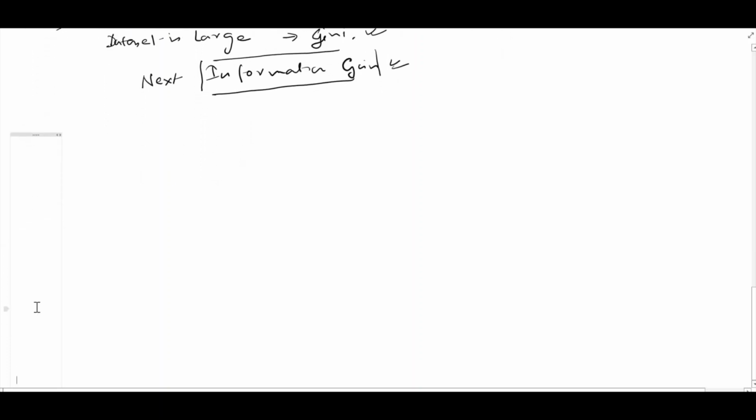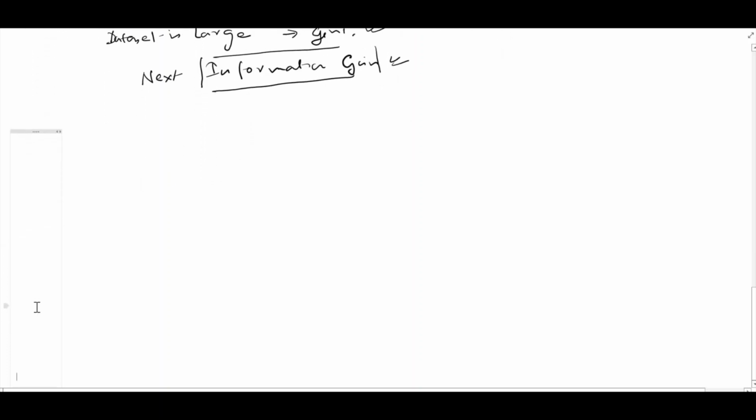Now we will talk about information gain, because this is very important to understand. When you have multiple features, how do we decide which feature we should choose at this moment?